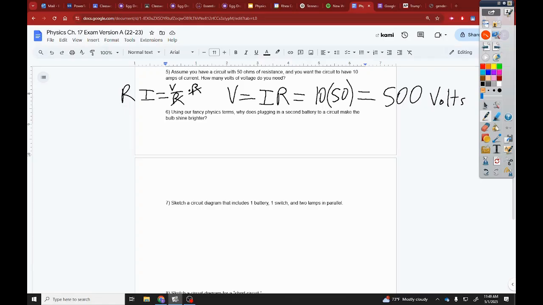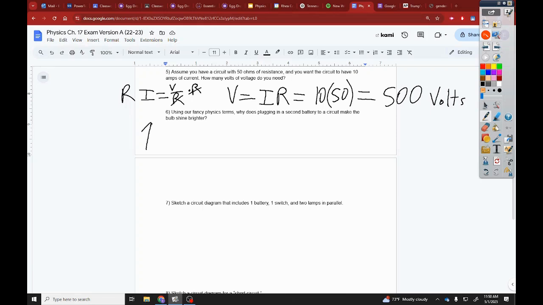Number 6, using our fancy physics terms, why does plugging in a second battery to a circuit make the bulb shine brighter? Fancy physics terms, I suppose we could go with adding a second battery increases the voltage, which leads to an increase in current, which then causes a brighter bulb.